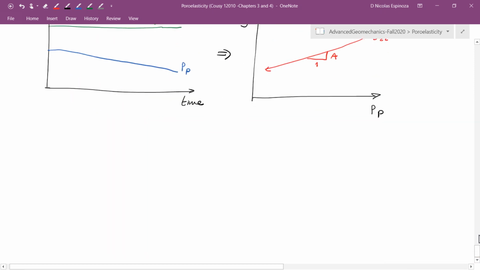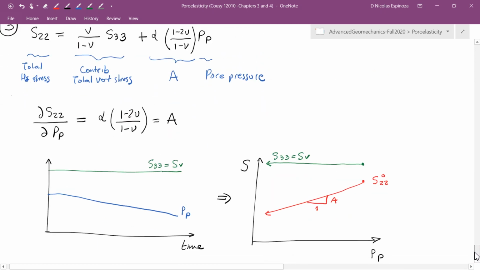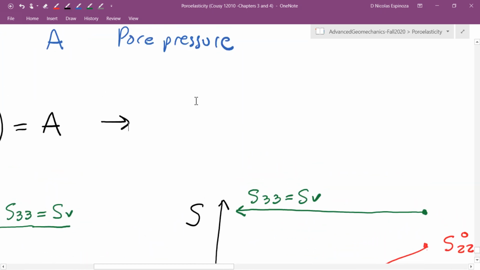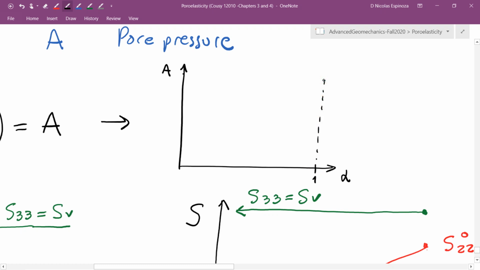The parameter A, as we saw in this equation, is a function of the Biot coefficient and the Poisson ratio. Let me save some space here, and I'm just going to plot it. I could plot, for example, A as a function of the Biot coefficient, where we know the maximum is 1, for different Poisson ratios.